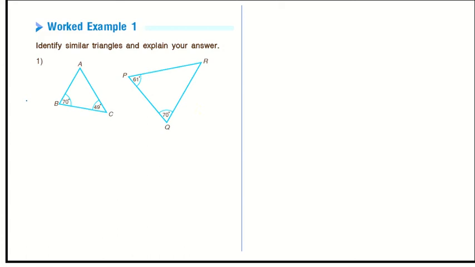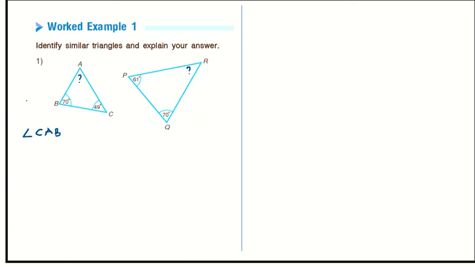Now, we need to first know which angle is this and which angle is this. Remember, the sum of interior angles of a triangle is 180 degrees. So, let us find angle CAB.